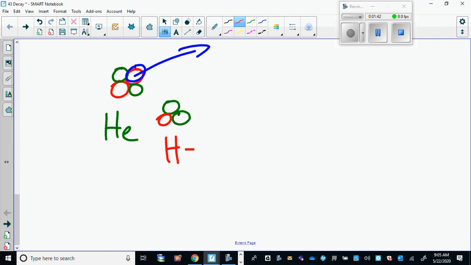I've got hydrogen. Hydrogen 3, actually, because I've got 3 nucleons. It's a hydrogen isotope, but the element has changed. It is no longer helium, it is hydrogen.